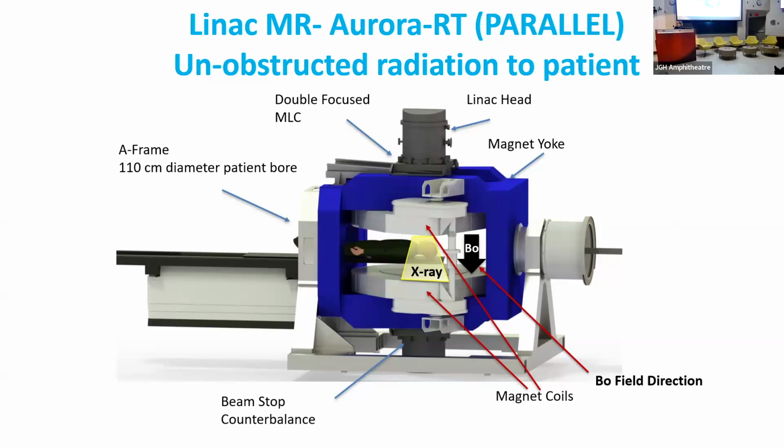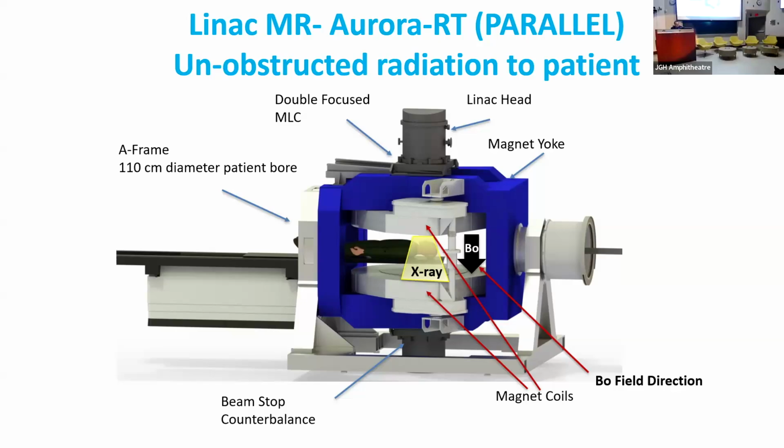Okay. The linac head is right here. That's where the linear accelerator is. Here is the multi-leaf collimator that shapes the radiation beam. This blue thing is called the magnet yoke, and it is designed such that the magnetic fields are shaped such that you get the maximum uniformity here.